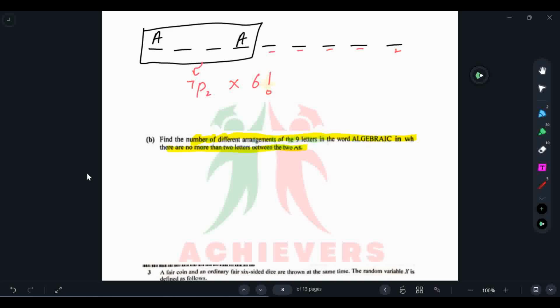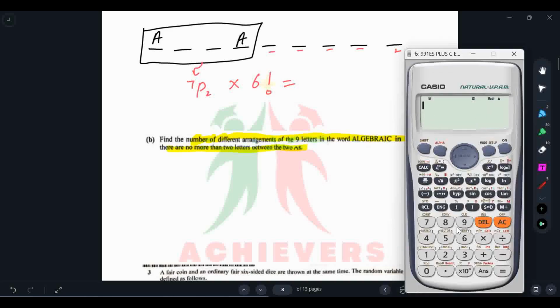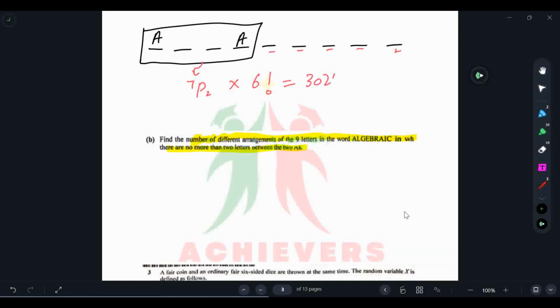Now this will be the first condition, 7P2. No more than 2 letters between the 2 A's. So the answer for this one will be 7P2 multiply by 6 factorial. So this will be 30240.